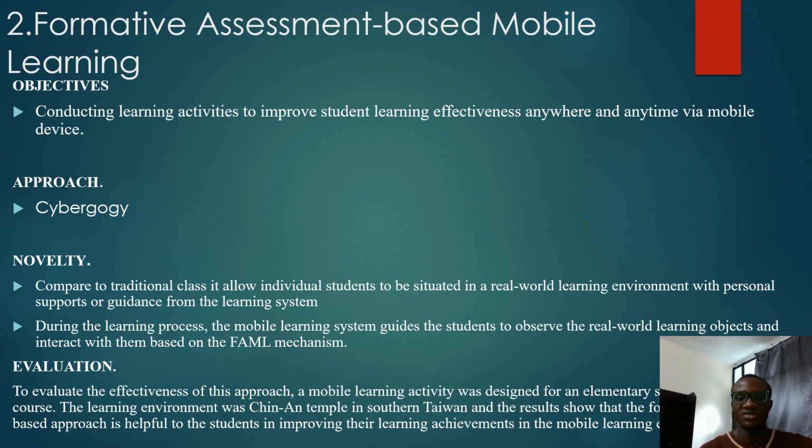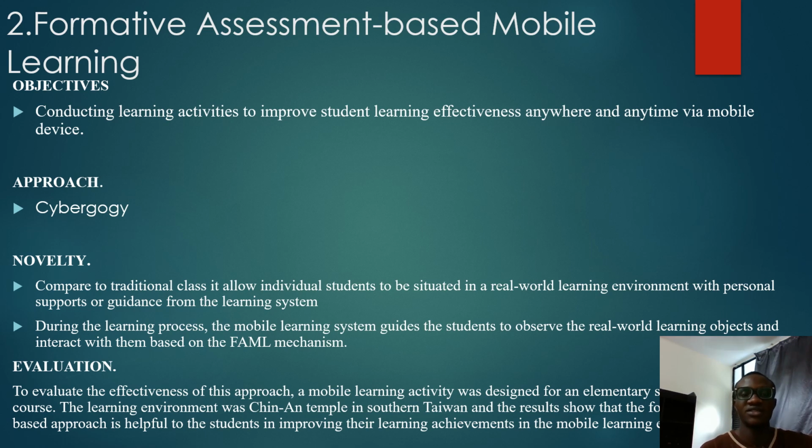The second novelty is that during the learning process, the mobile learning system guides the student to observe the real world learning objective and interact with them. So the evaluation for formative assessment based mobile learning is done.